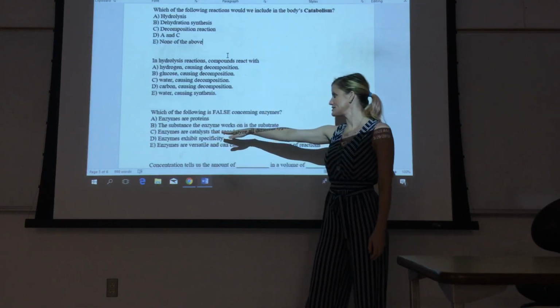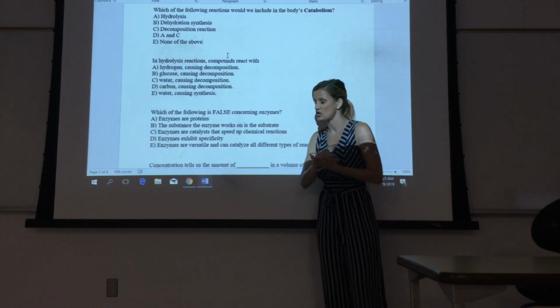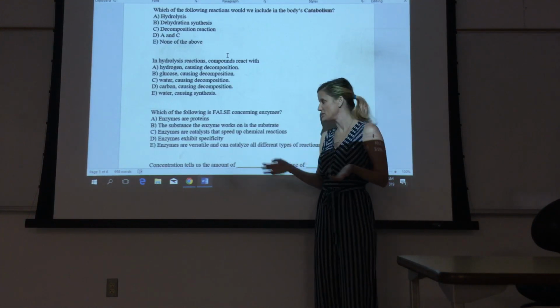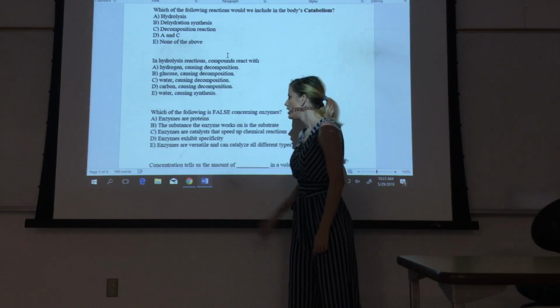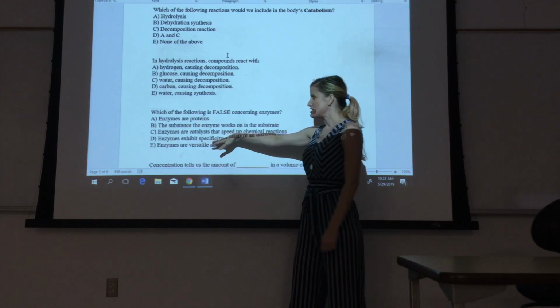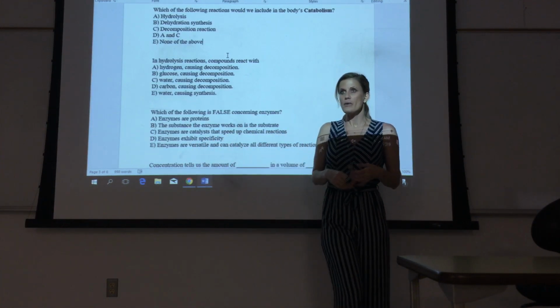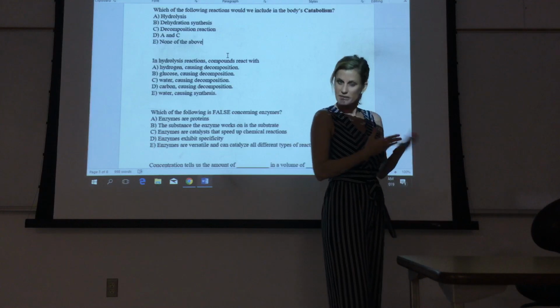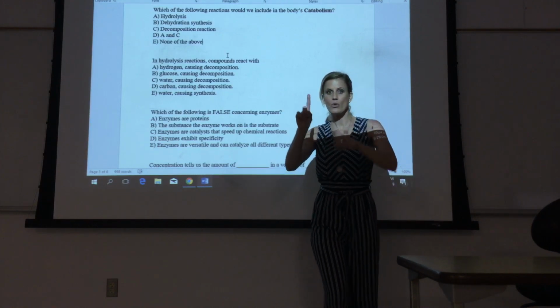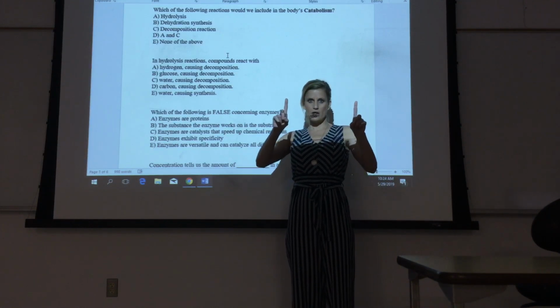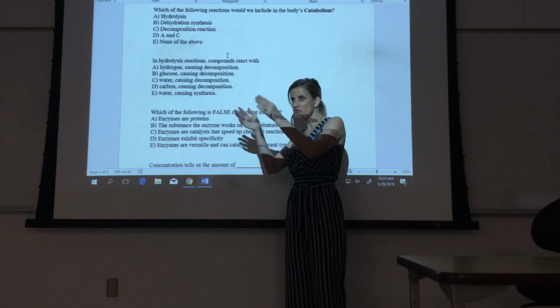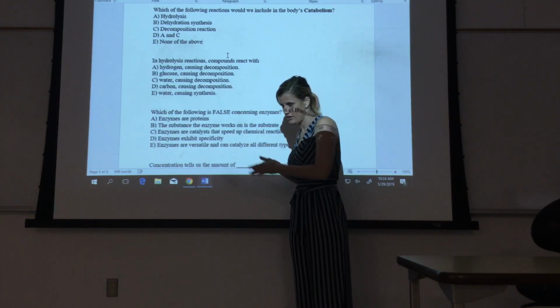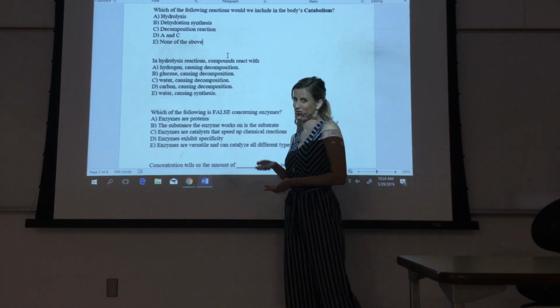Enzymes are catalysts that speed up chemical reactions. That's true, we just said that, so that's not the answer. Enzymes exhibit specificity. Remember, specificity sounds like specific, right? So one enzyme works on one substrate. We have different enzymes because each of them does one specific thing. So that's true.